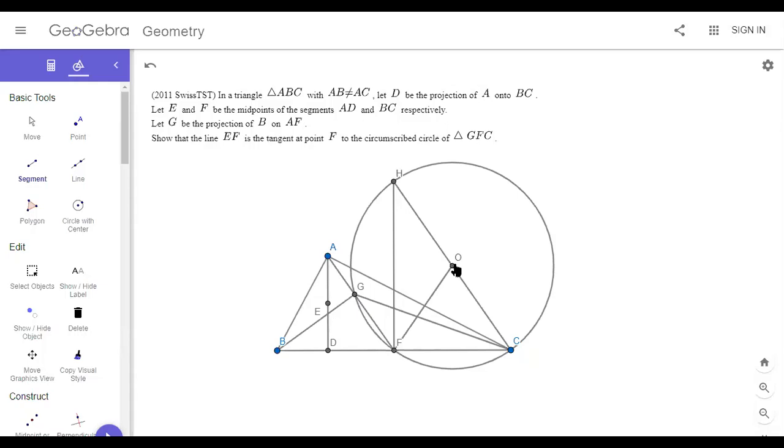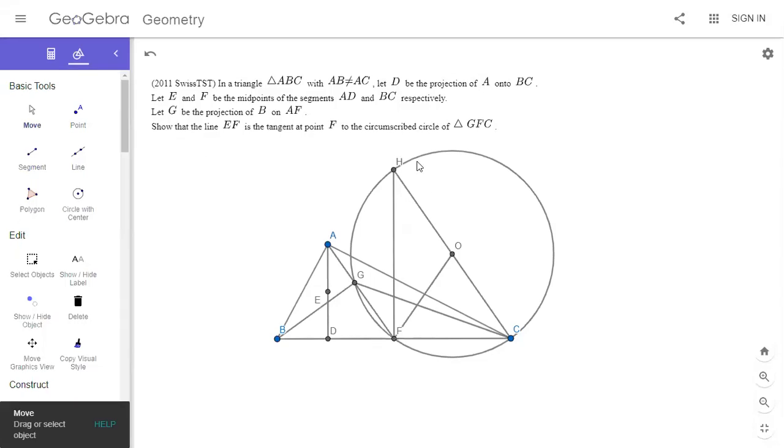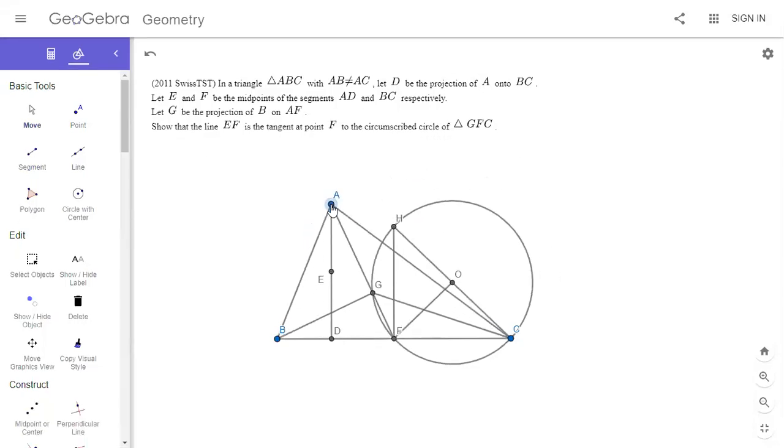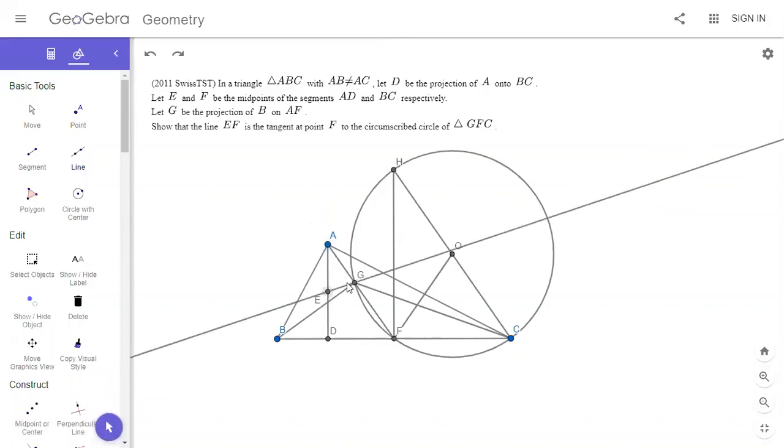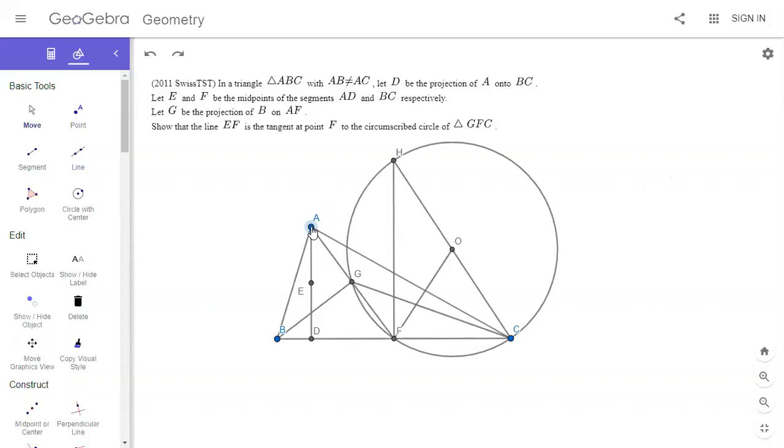There has to be a trick here. No, I was thinking of different points before. No, E, G, and O are not necessarily collinear. And yeah, you just have to move the diagram around a little.